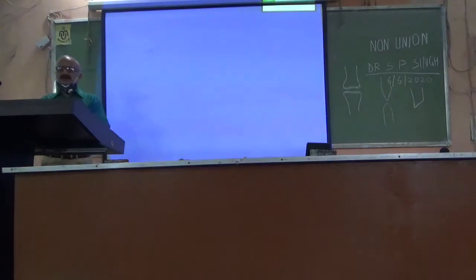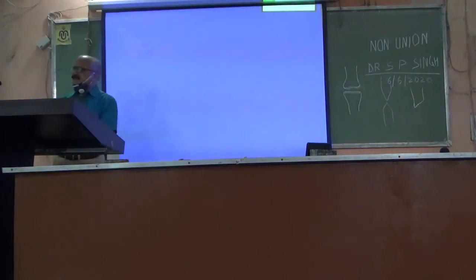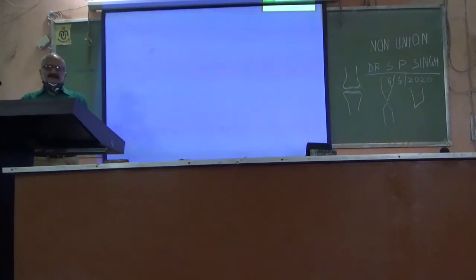I remember having told you that bone transport is either by Elizarov method or by AO external fixators, the limb reconstruction system, LRS. By LRS or by the Elizarov system, we can transport the bone and fill the gap of the gap non-union. So I think we have done everything.